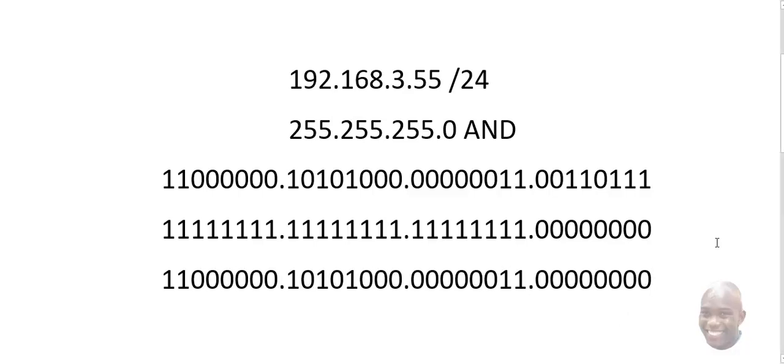If you convert this back to dotted decimal notation, the network address for this number is 192.168.3.0. So this is how routers use logical ANDing to find the specific network for a host.